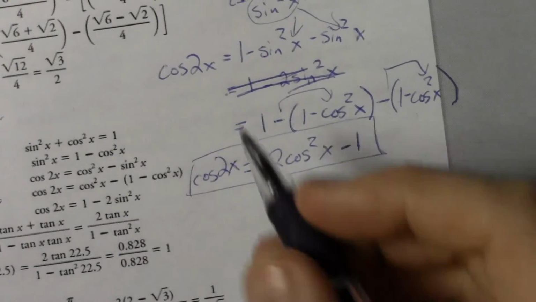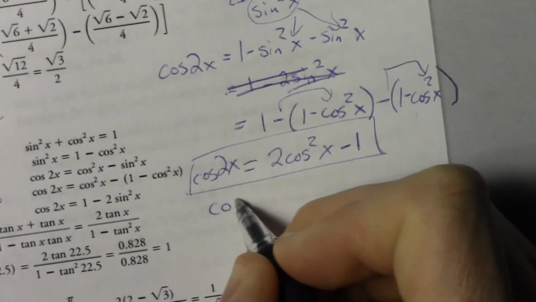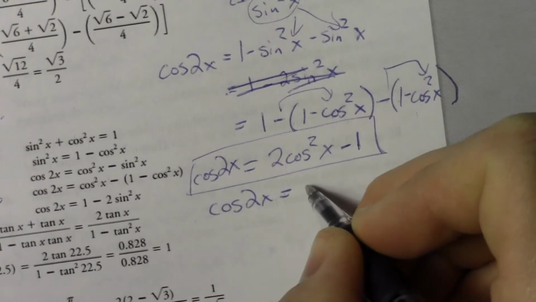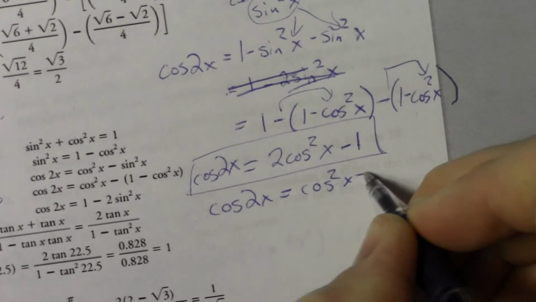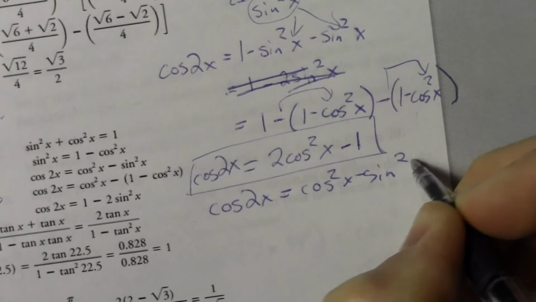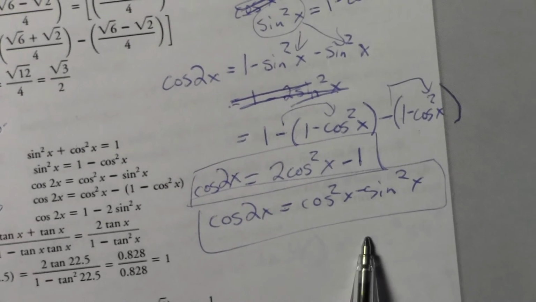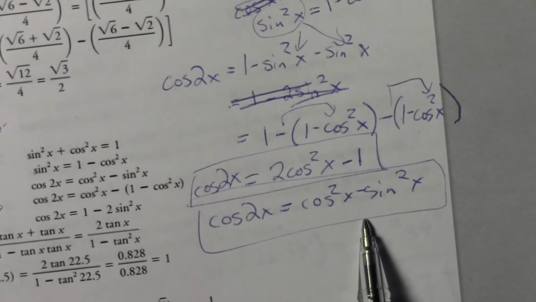Why might it be important that we have both of these? Anybody tell me what's the point? Why did we develop this one as opposed to using this one?